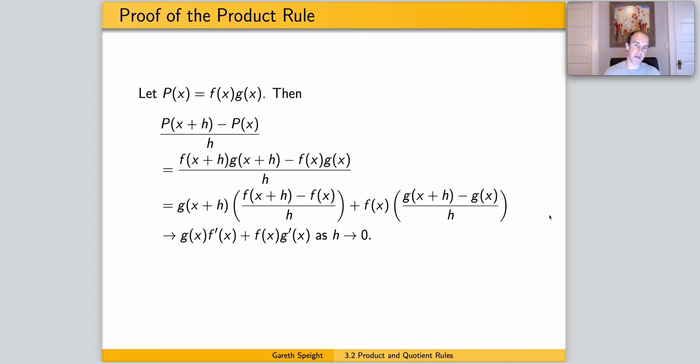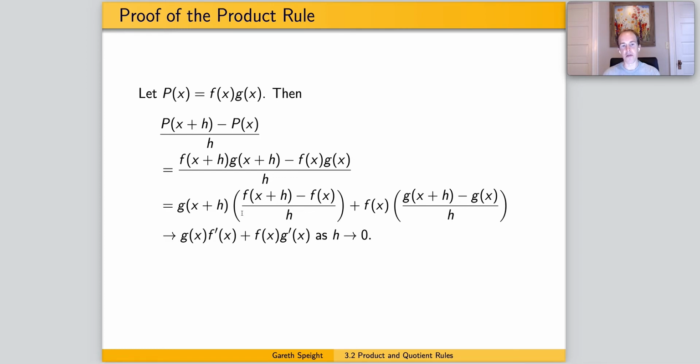So we look at p of x plus h minus p of x divided by h. And then we substitute in for what our function p is. Our function p is f times g. So p of x plus h is, everywhere we replace the x by x plus h, going to be f of x plus h times g of x plus h. P of x is just what we had before. So we get this expression, and then I write it in this strange way. So the question is, is it equal, and why did we do that?